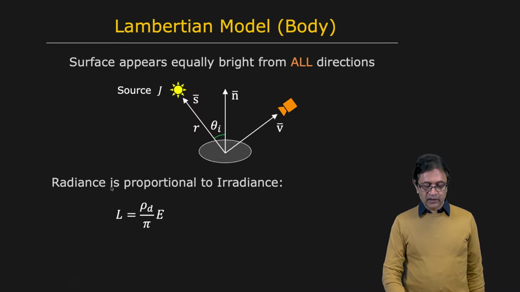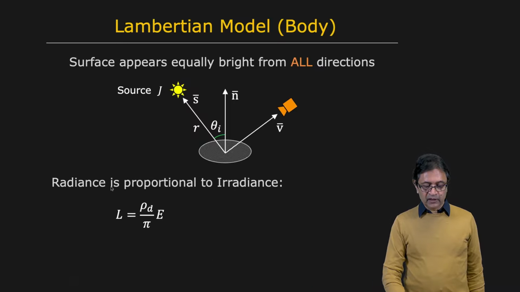But if you increase the angle of incidence, that's increase theta I, again, you get equal radiance in all directions, but the radiance value itself drops, and you can keep going that way. As you get closer to the grazing angle, the brightness of the surface drops again and then approaches 0 as theta I approaches 90 degrees.